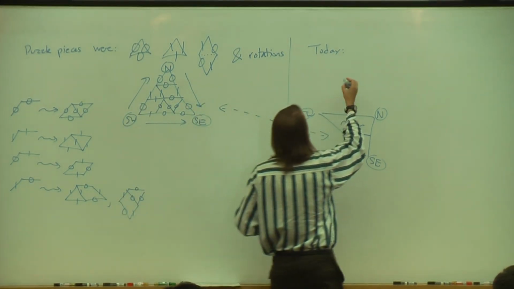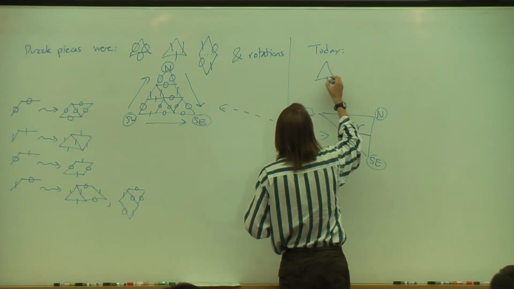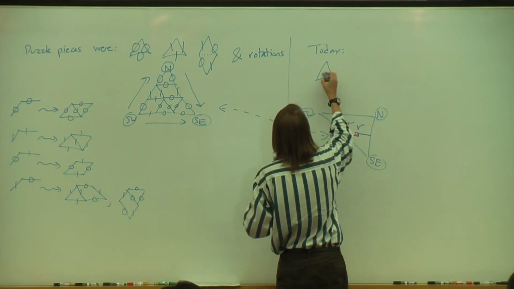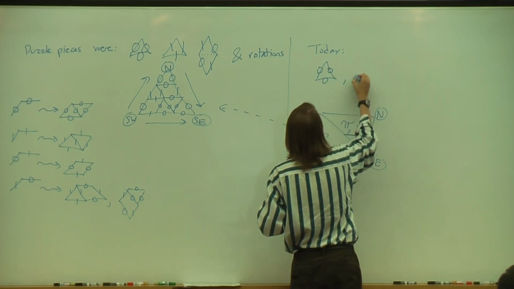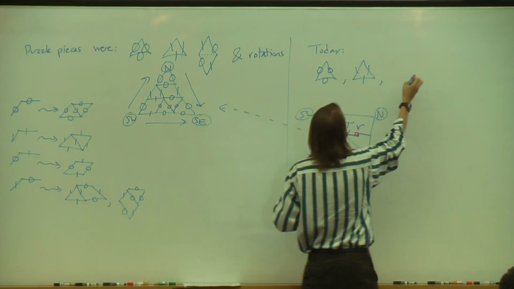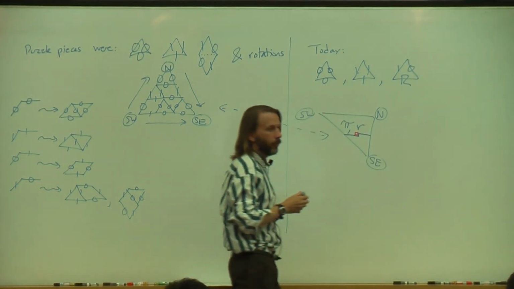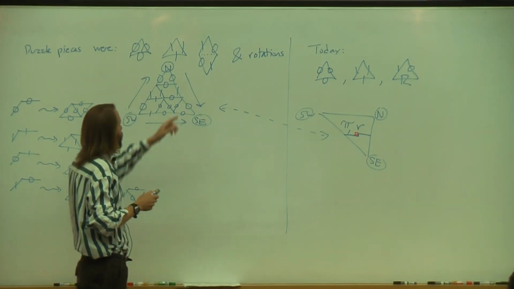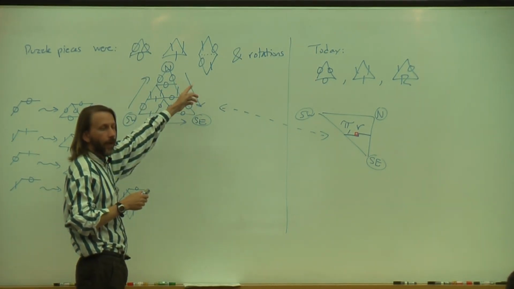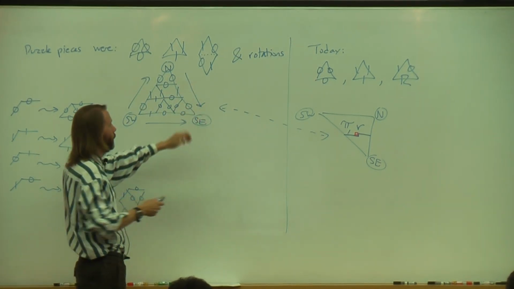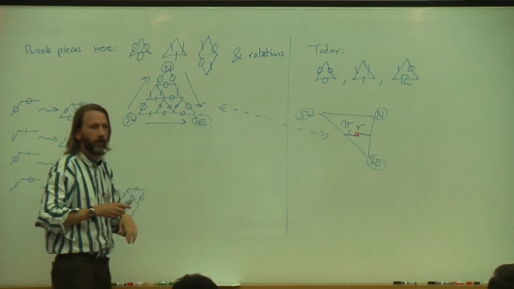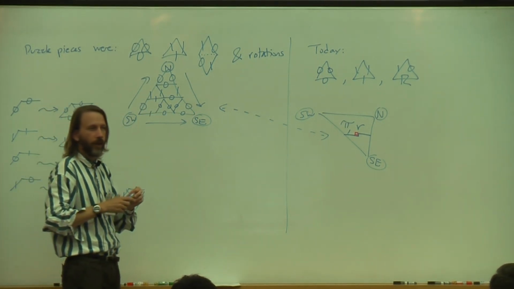So my puzzle pieces are now going to change a little bit. There's going to be this one and this one, and now there's going to be this one, R is for rhombus. So all I did is I cut this puzzle piece in half, and I could have actually set up the whole original theory of puzzles with those 3 puzzle pieces instead.